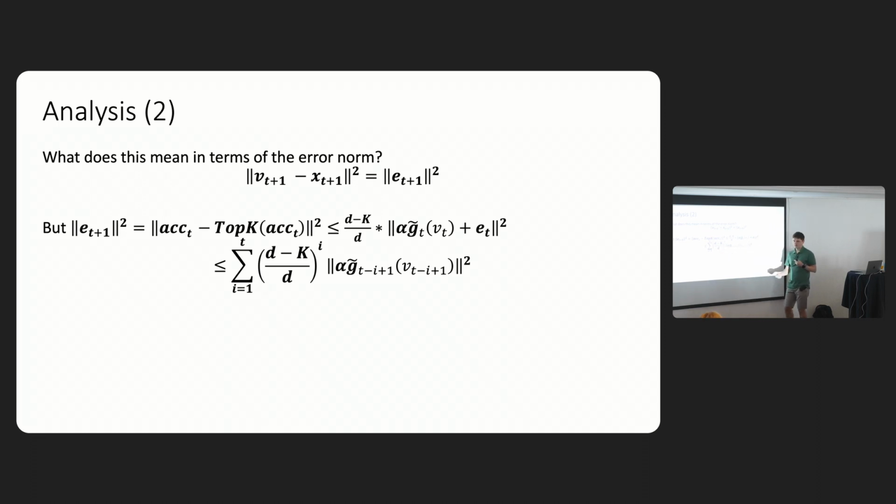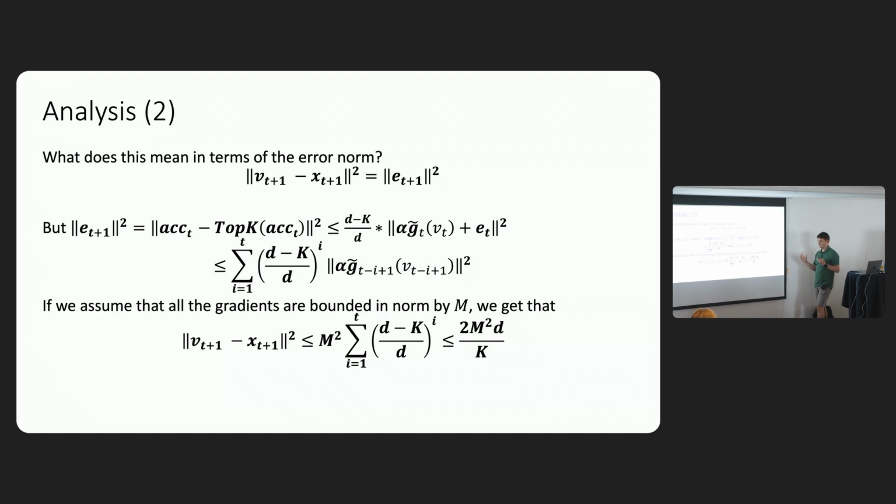Okay? So what we can assume now is that the norm of a single gradient is bounded, which is a standard assumption in these cases. So we assume that the single gradient norm cannot be too large.